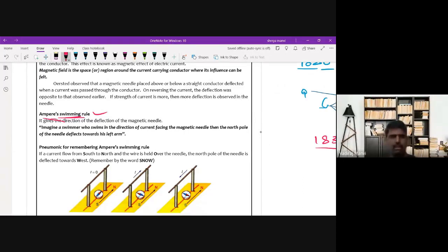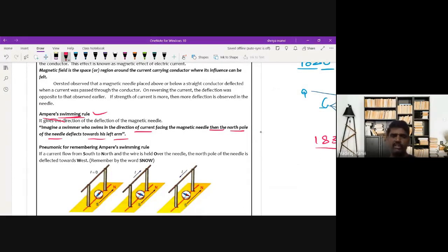So according to Ampere's swimming rule, if a swimmer is imagined to swim along the conductor in the direction of current, facing the needle, then the north pole of the needle will deflect towards his left arm. This is one way how we can find out.